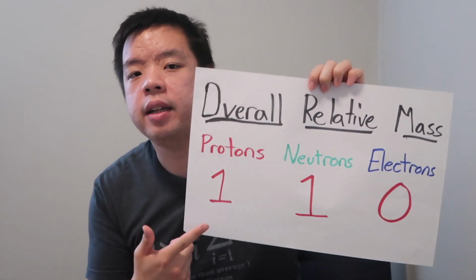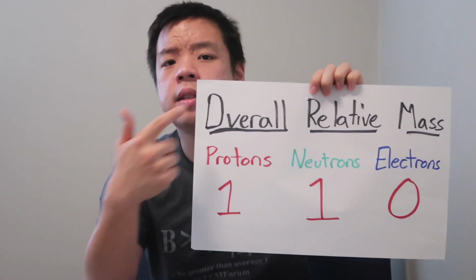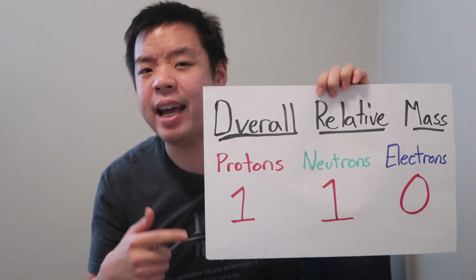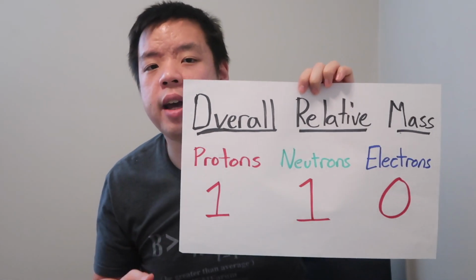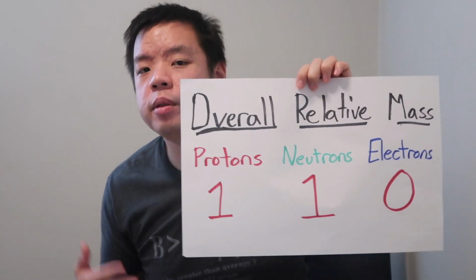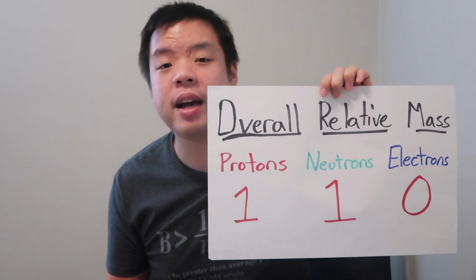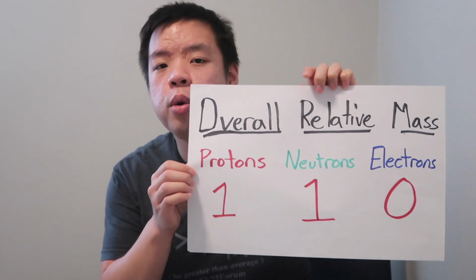We assign protons and neutrons as having 1, and we'll learn that this is 1 AMU in future vodcasts. And we assign electrons as having 0 mass because the mass of an electron is so small.